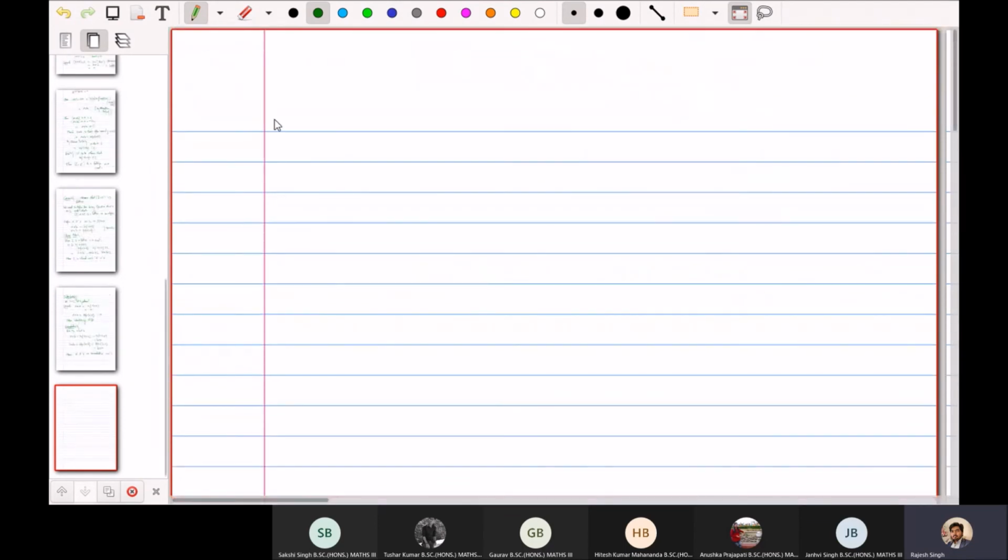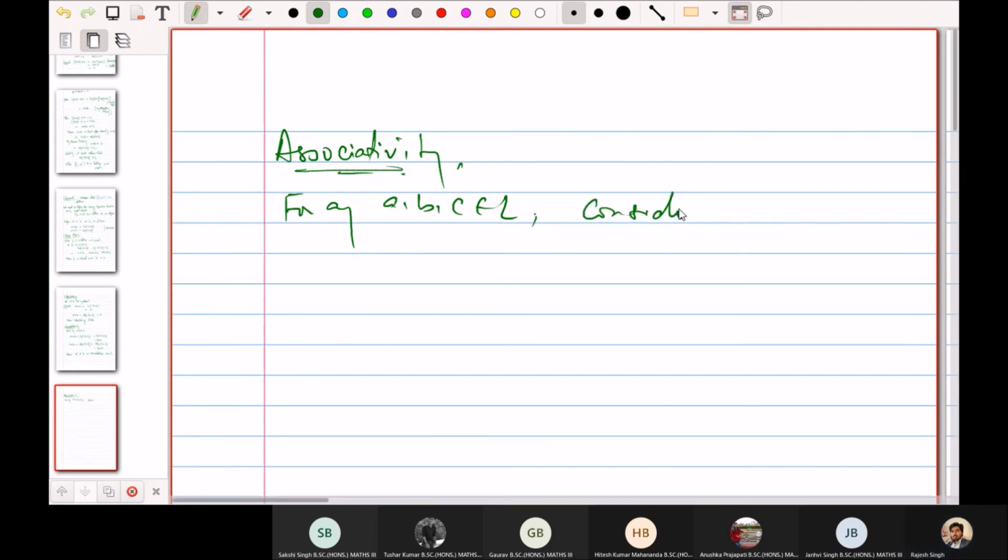Now we look for associativity. So for any A, B, C belonging to L, consider A cap, B cap, C. So what will be this?